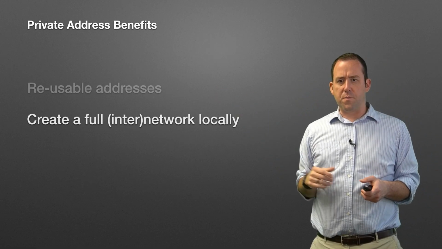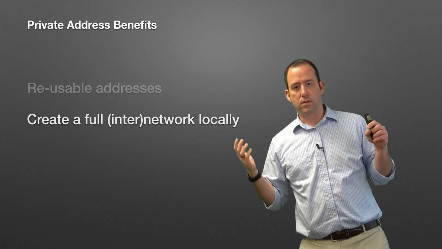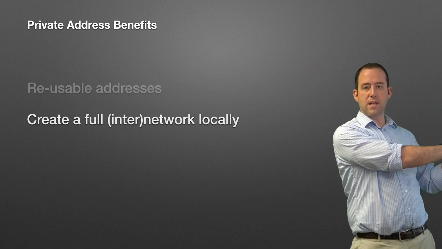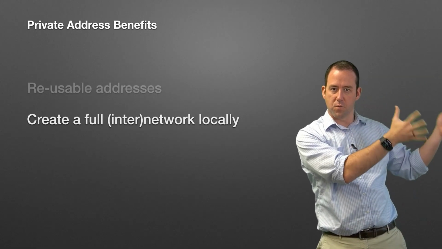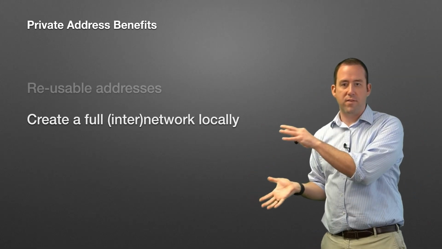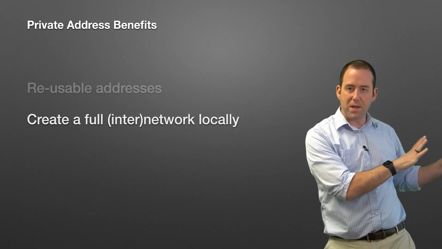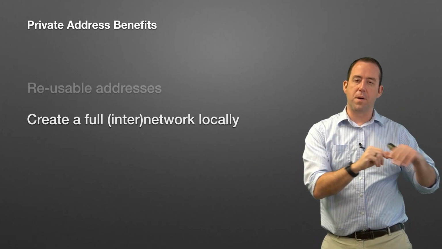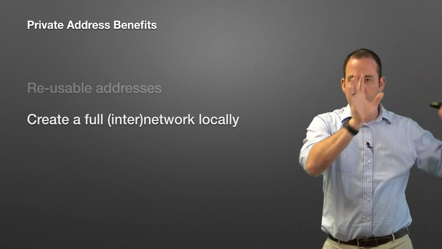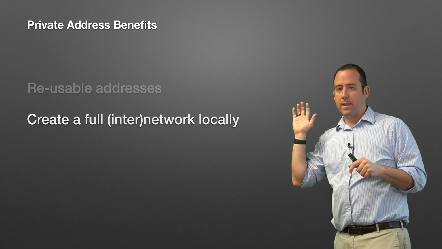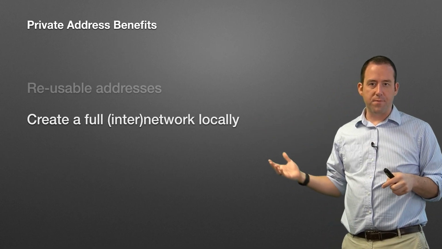It also allows you to create a full internetwork locally that's completely separate from the public IP addresses that work on the internet. So everything that's not a private IP address that we've talked about is a public IP address, which means it can work on the public internet and be routed and do all the internet-y things. But private IP addresses, you can create a full internetwork locally.